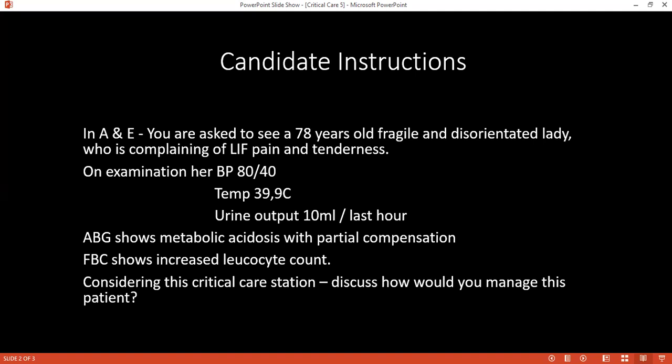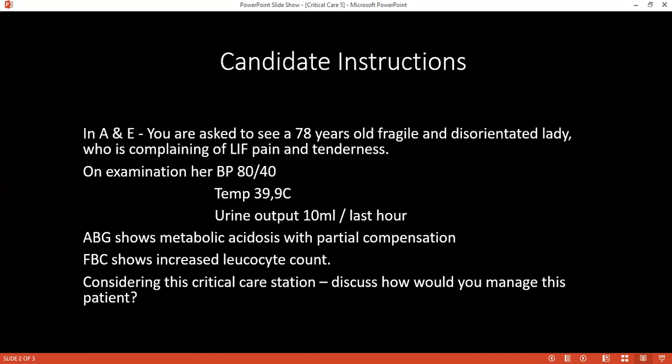Where do you think this patient is ideal to be managed? This patient has signs of peritonitis and old age, better to treat in the intensive care unit. HDU, yeah. Okay, HDU.